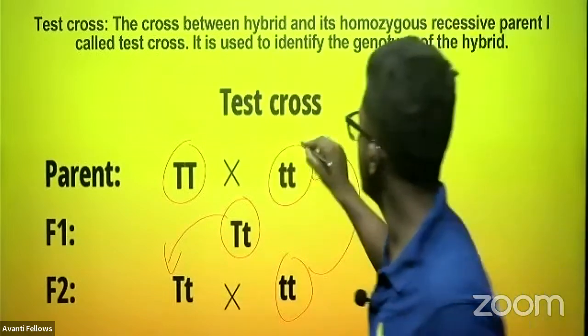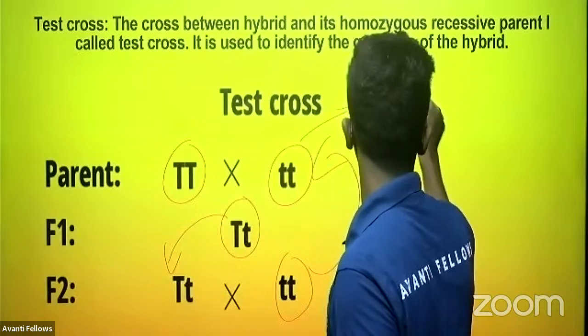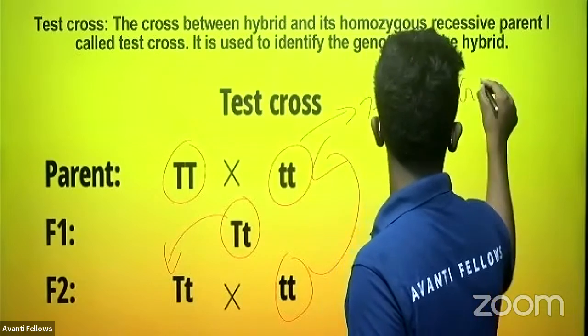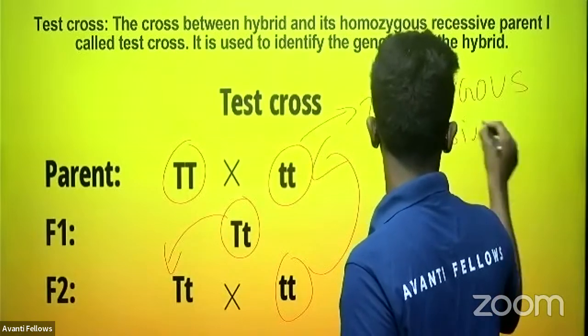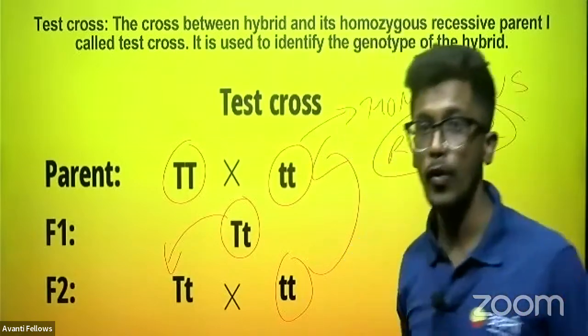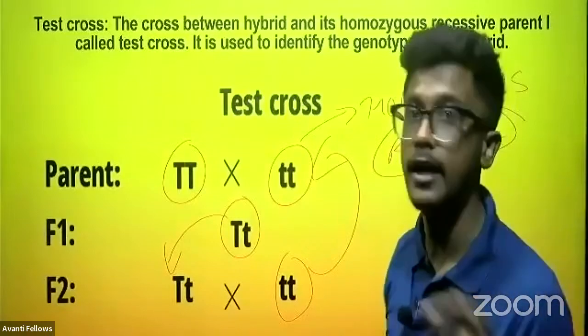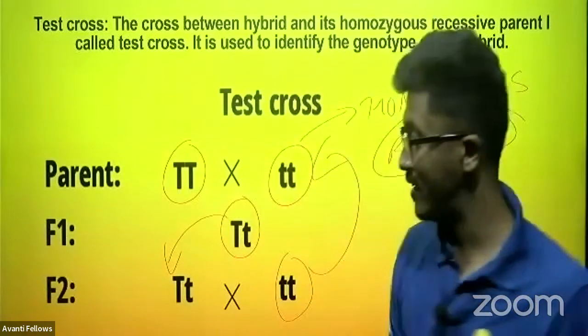What is small t? It is homozygous recessive. Homozygous recessive, very, very important. We specifically choose a homozygous recessive plant.